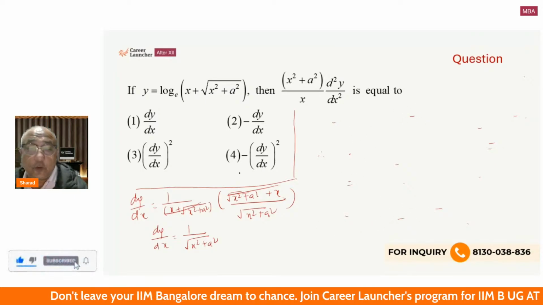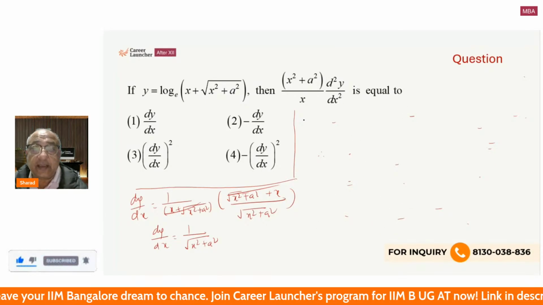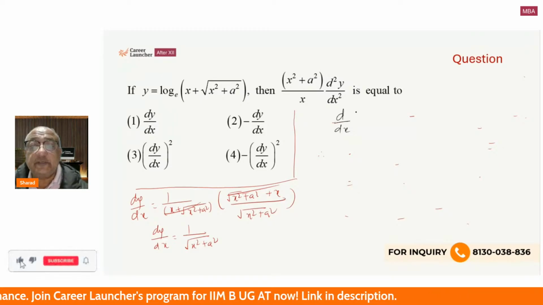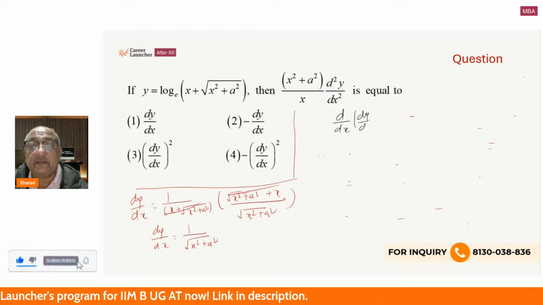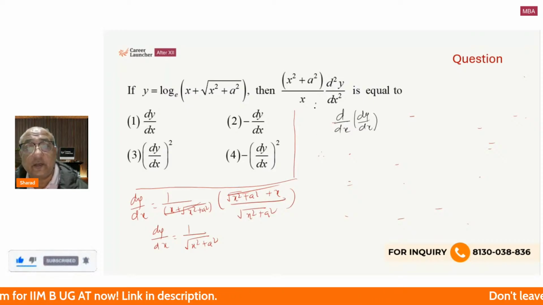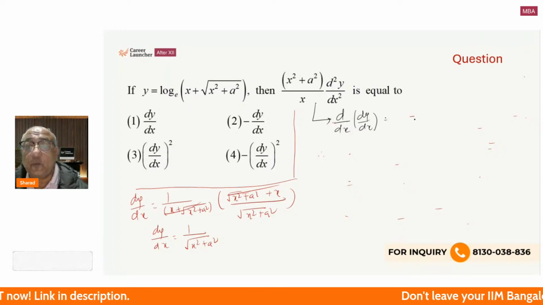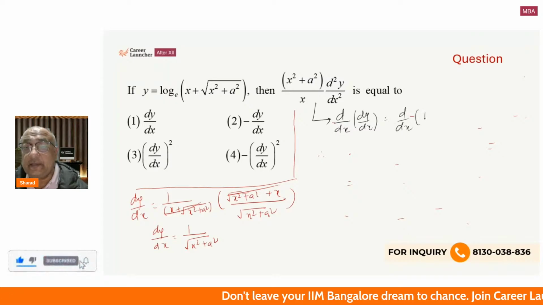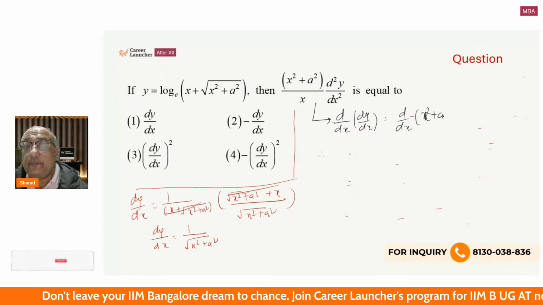Now I have to do what? As you can see in the question, I have to find out d2y by dx2. So I will differentiate dy by dx. This is what is called second order differentiation. What will I get? Let me write this in terms of a proper exponent.